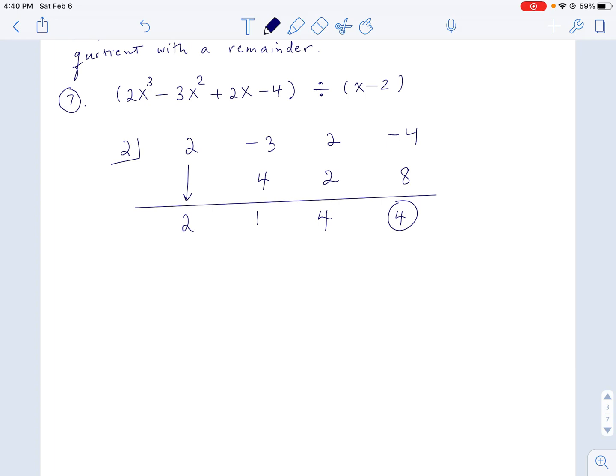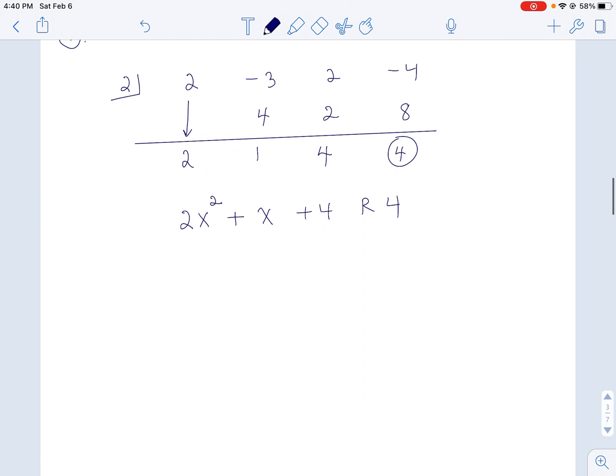So the answer when you divide those polynomials: below the line I have the numbers 2, 1, 4, and then I have a 4 circled. That's my remainder. The 2, 1, 4 represents 2x squared plus 1x plus 4 with a remainder of 4. Okay, 2x squared plus x plus 4, remainder 4.